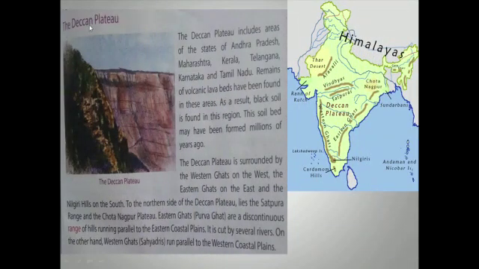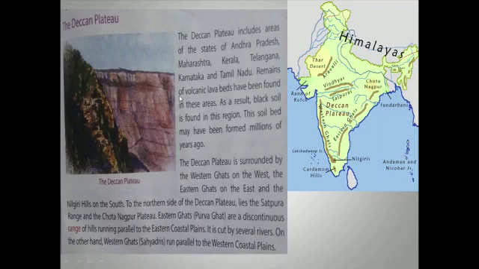Second, we will see the Deccan Plateau. Here you can see the location of Deccan Plateau. The Deccan Plateau includes areas of the states of Andhra Pradesh, Maharashtra, Kerala, Telangana, Karnataka and Tamil Nadu.